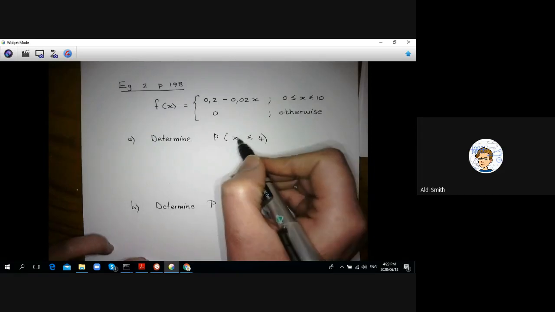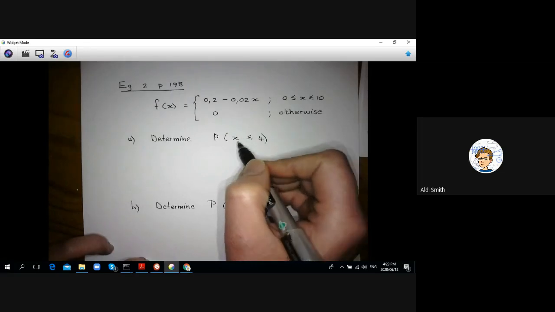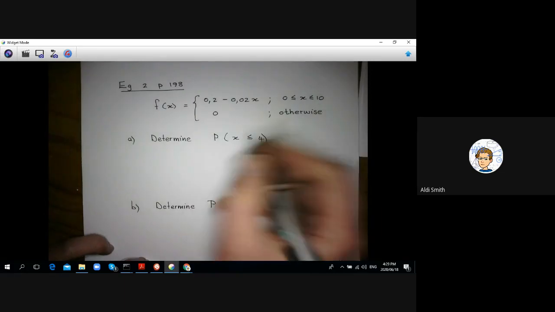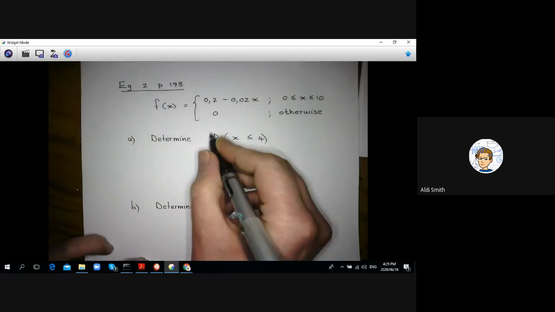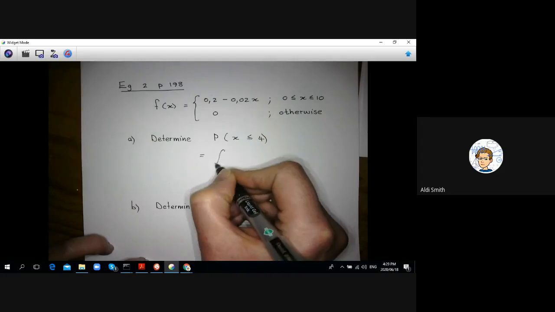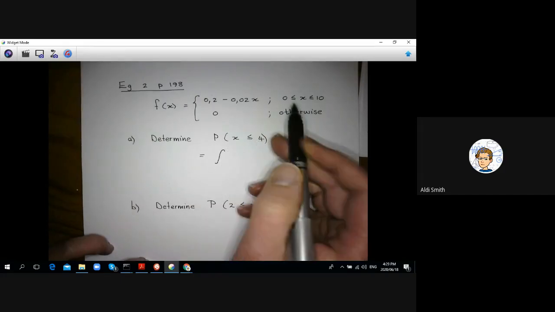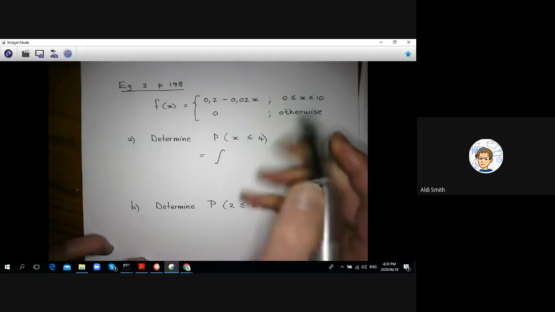So greater than 3 means they give you the bottom limit, you use their bottom limit, but if there's no top limit, you automatically have to use the top limit of the function. So this is then going to be equal to, and again, the probability here is the integral. It's the area underneath the curve. And here specifically, it will go from 0 to 4.